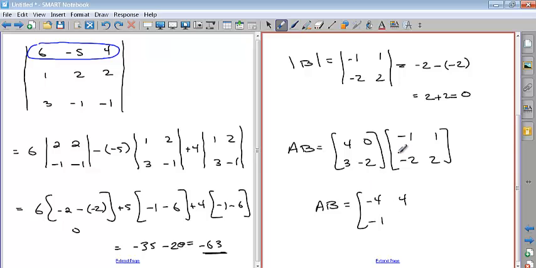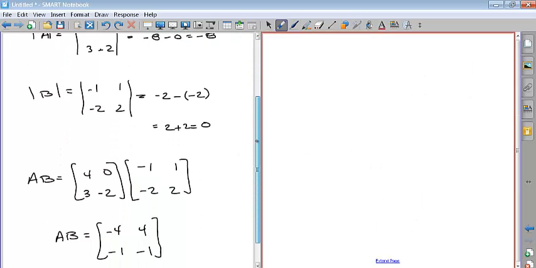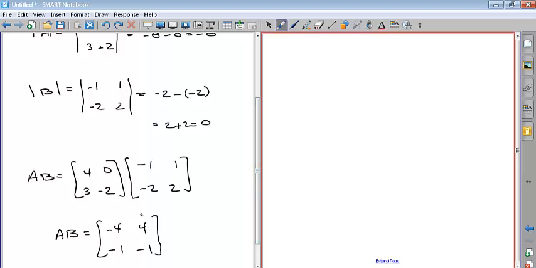And then the final corner is the second row, second column. So you get 3 times 1, which is 3, and negative 2 times 2, which is negative 4. 3 minus 4 is negative 1. So that's A times B. And then they want the determinant of that.